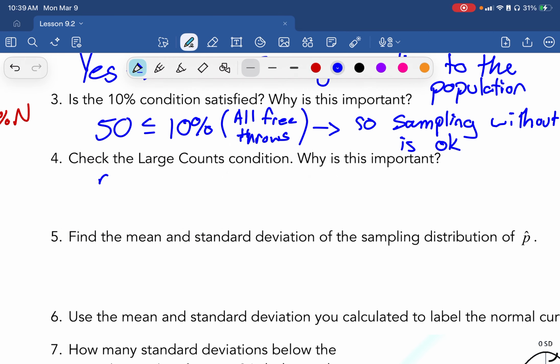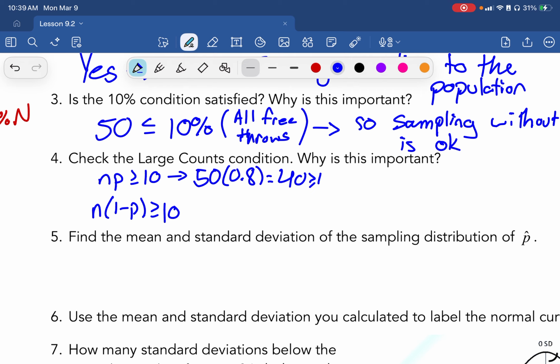So n times p and n times 1 minus p both have to be greater than or equal to 10. Let's check. 50 times 0.8 is 40. Yep, greater than 10. Okay, 50 times 1 minus 0.8 ends up being 10. While it's not greater than 10, it is equal to 10, so these check out.